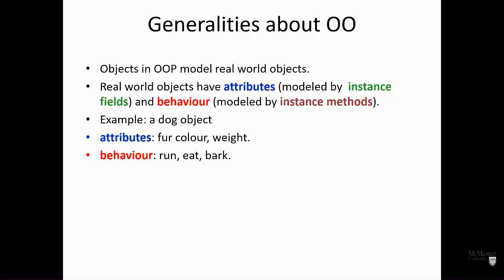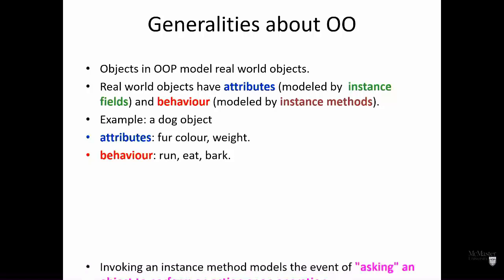And then something like the fur color, the weight, the shape, like any other thing that you think of as an attribute of a dog can be an instance variable, right? On the other hand, the dog or the object in general takes some actions, does something, right? And this is modeled as a method in OOP, or a function, right? In Java, we call these methods. So a dog can run, can eat, can bark.